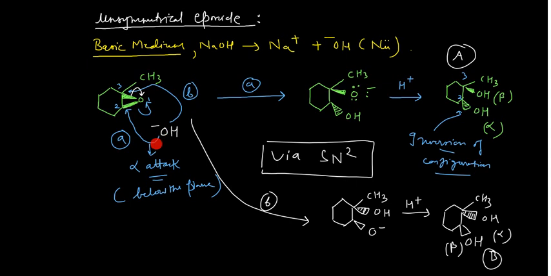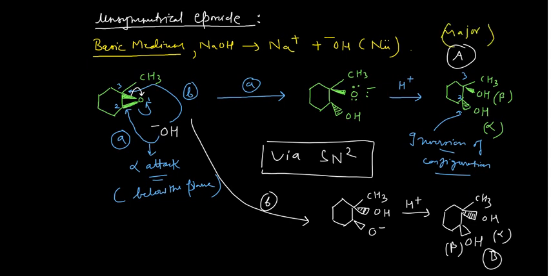So this path is the more preferred pathway because it is less sterically hindered, as only one hydrogen is there, while in the other case there is a methyl. This will crowd carbon number 3. So pathway B is not a very good pathway, but pathway A is a very good pathway because it is less sterically hindered. So A would be your major product.